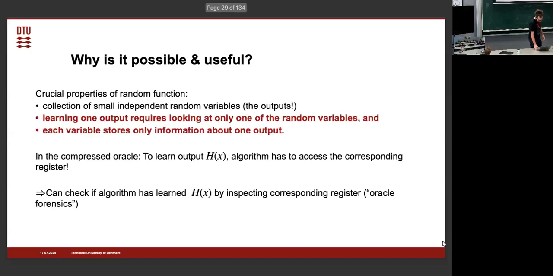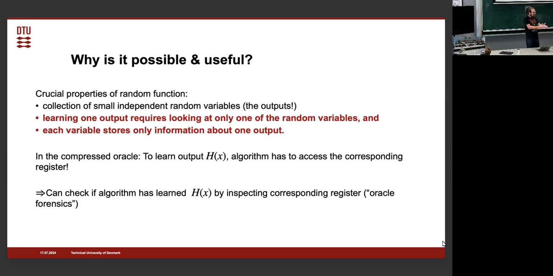So now in the compressed oracle, the usefulness of these properties stems from the fact that we can look at this one register to determine whether the corresponding output has been learned by the algorithm.